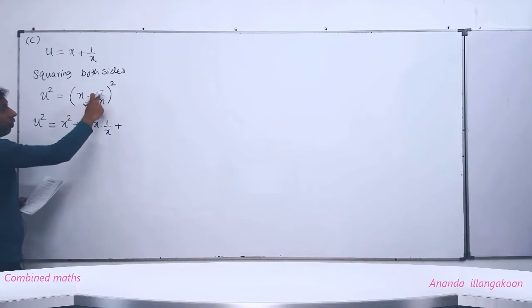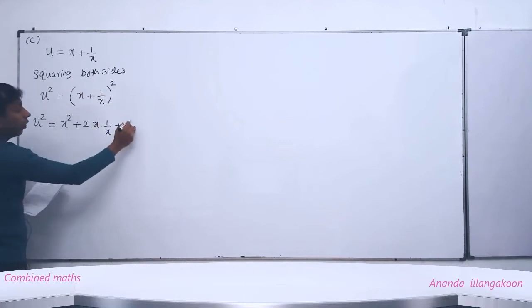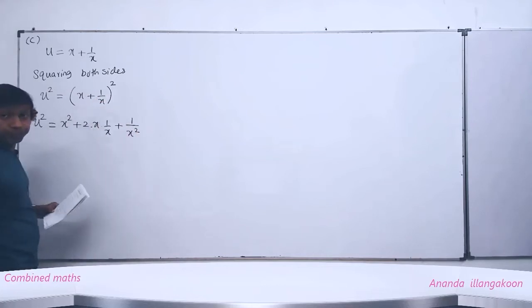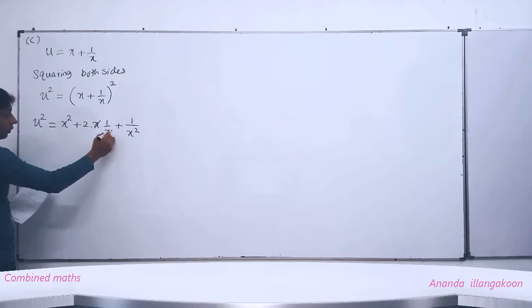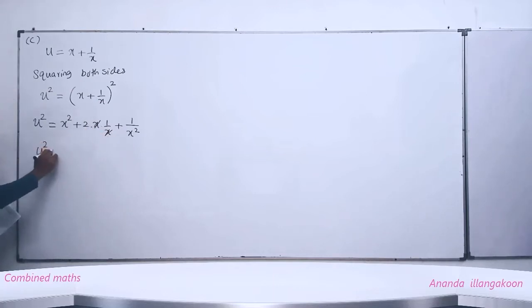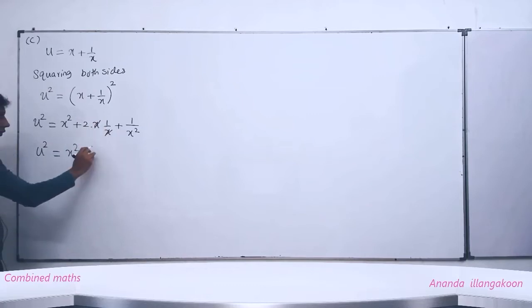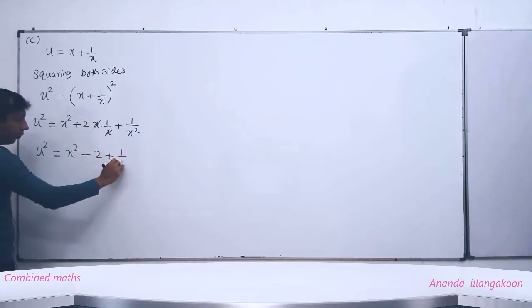You have to square 1 and you have to square x. 1 squared is 1, x squared is x squared. Like this, you can cancel down this and this. So what do you have? u squared equals x squared plus 2 plus 1 upon x squared.